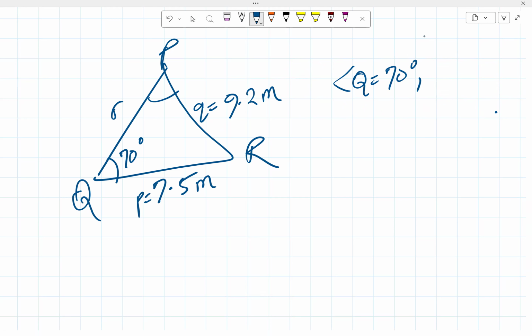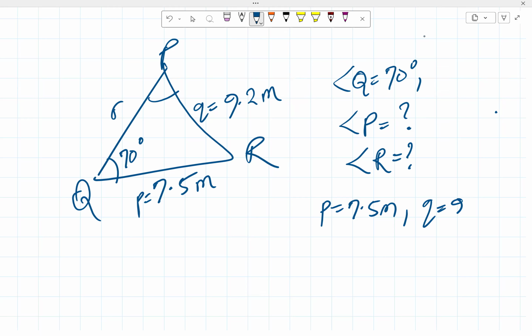You need to look for angle P, angle R, and also side R. You have side P, which is 7.5 meters, and side Q, which is 9.2 meters. To solve this completely is to find all these three things that are missing.